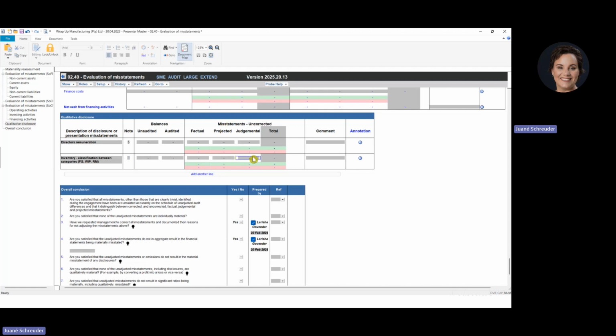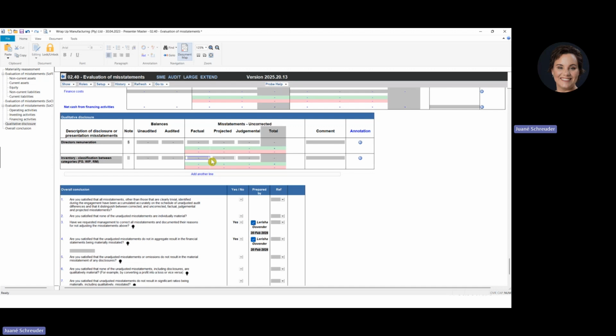Now, you'll think, surely raw materials are the things that go into your manufacturing. It can't be finished goods. But maybe the client says, well, there are some of these products that we actually sell off as finished goods to another client. It's not a lot, maybe 25% or 10% or whatever the case is. And so that we are going to show as finished goods. Then it's judgmental because they believe it is and we believe it's raw materials. But if they use it purely in the manufacturing process, then it's factual.